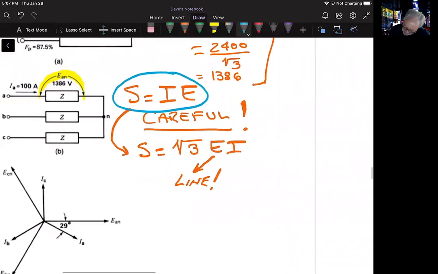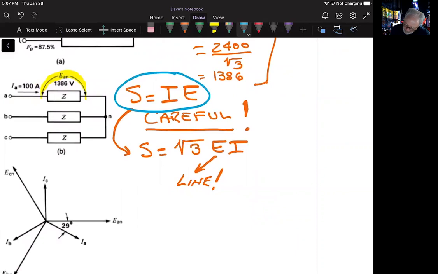And quickly I caught myself, and I know that the formula for apparent power in a three-phase circuit is square root of 3 times the line voltage times the line current. Got to be careful with that.